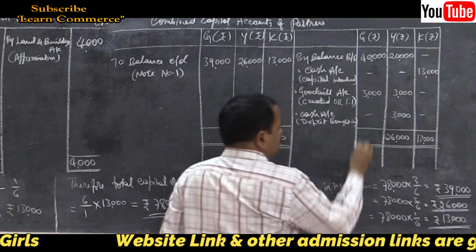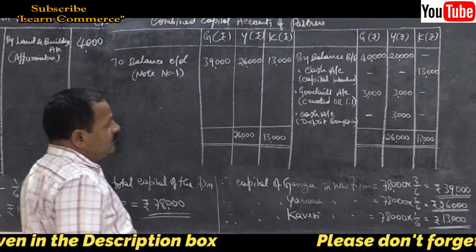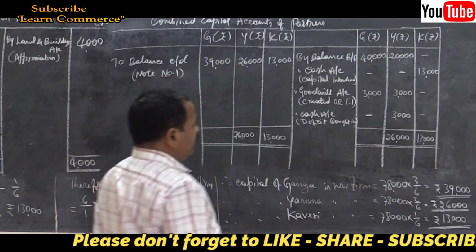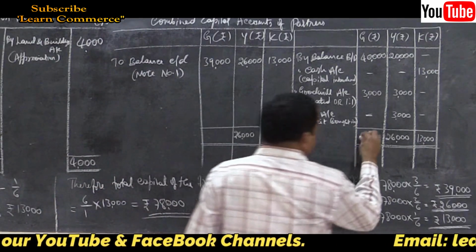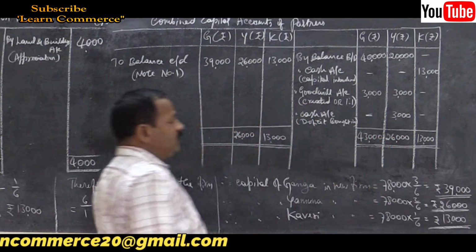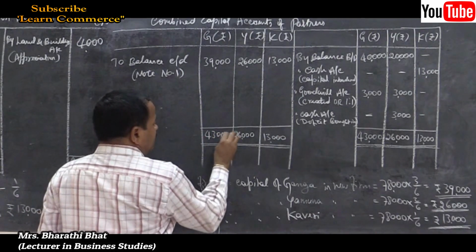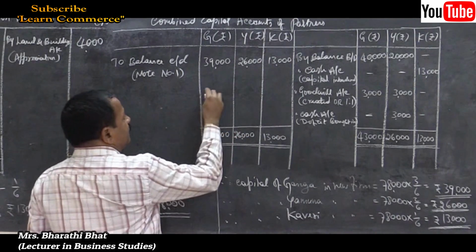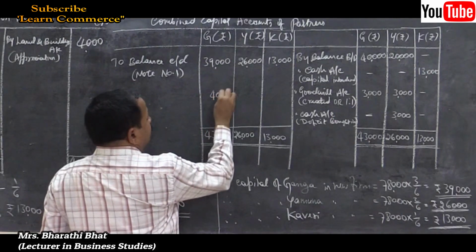That's all. Refer to the other partner, Ganga. On the debit side, 39,000. On the credit side, how much? 43,000. So the credit side is greater. Write the total of the credit side first, 43,000. Write the same total on the other side. Here, what is the difference? 4,000 is the difference.